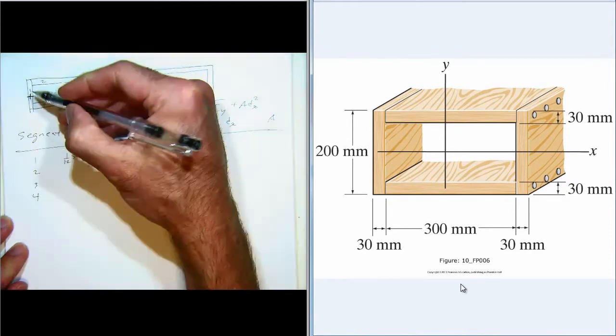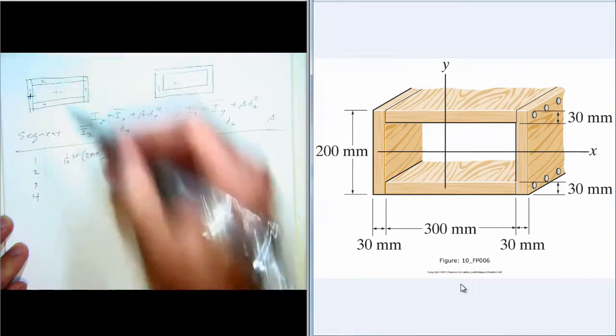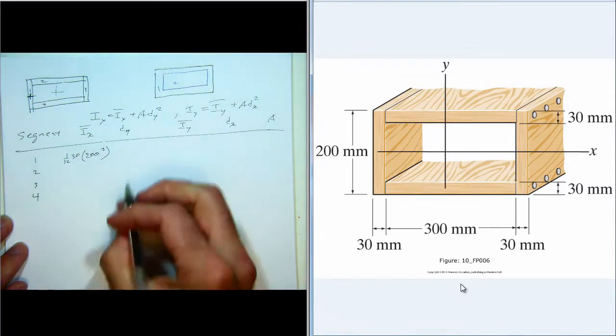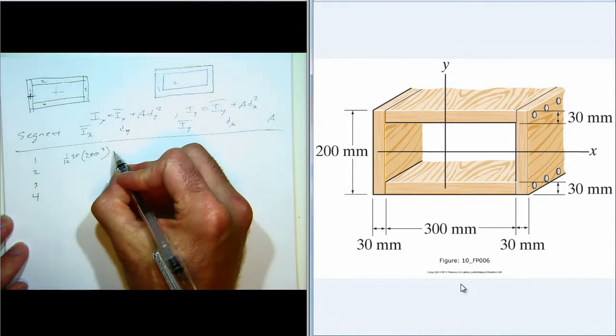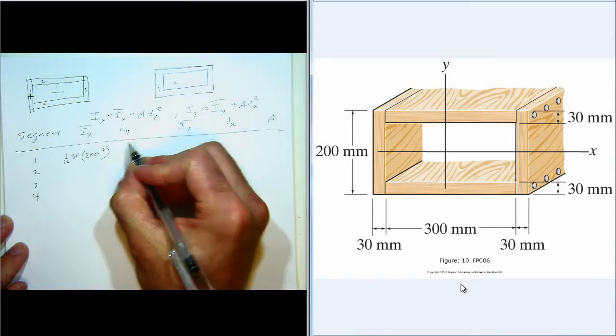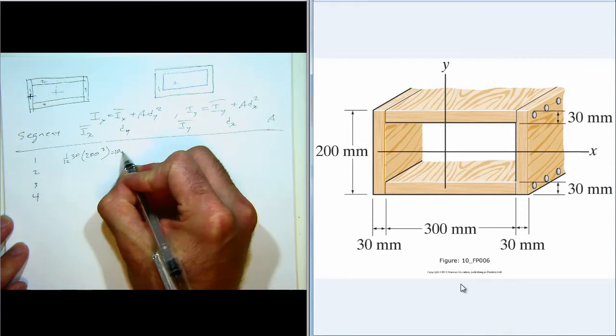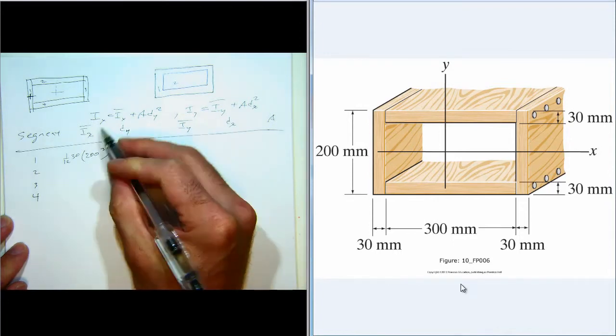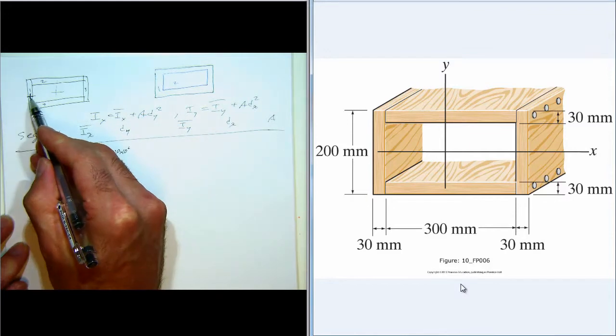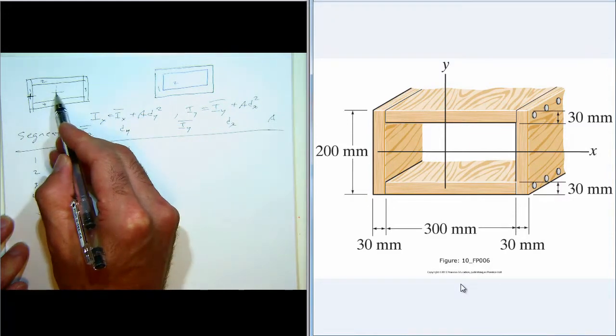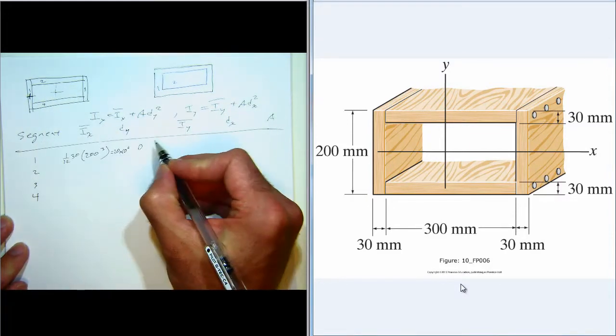Again, the one that's cubed is the dimension that's perpendicular to the axis. And that is 20 times 10 to the 6th. dy, the centroid of this object is on the x-axis, so dy is 0.